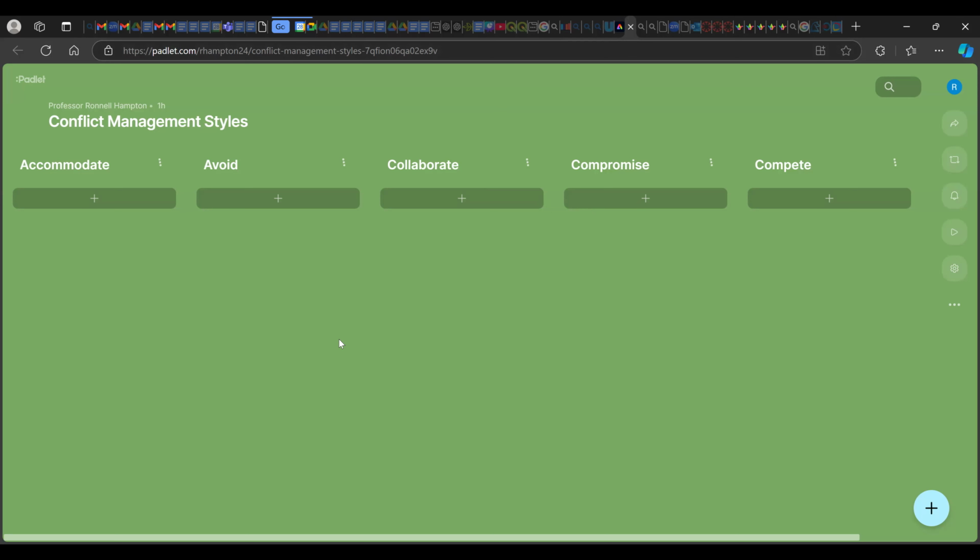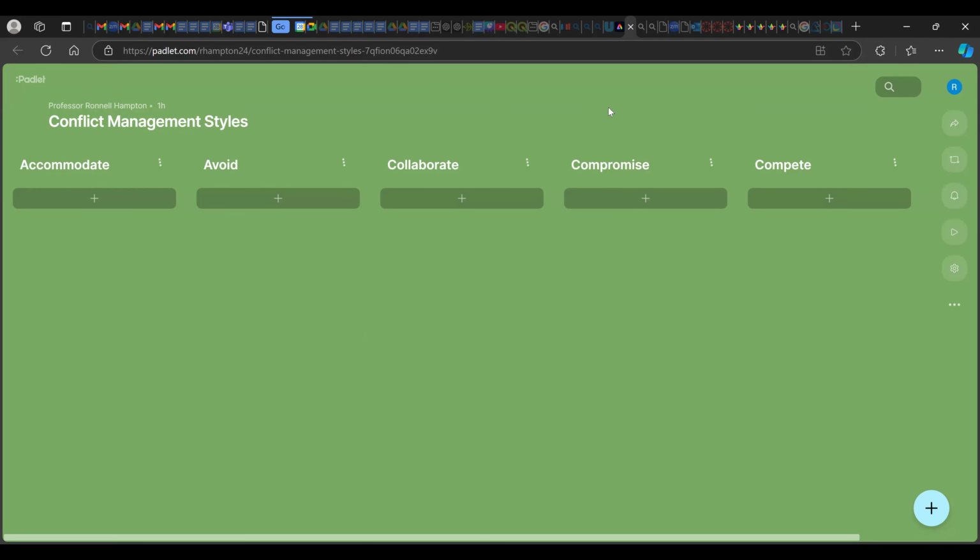When we come back from break at 7 o'clock, we will do this conflict management style exercise. And what I want you all to do is complete this activity in the mind frame of a landscape architect.